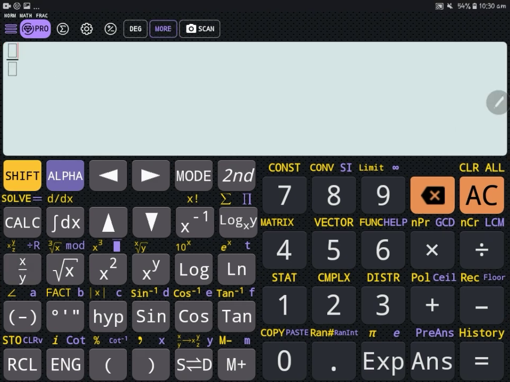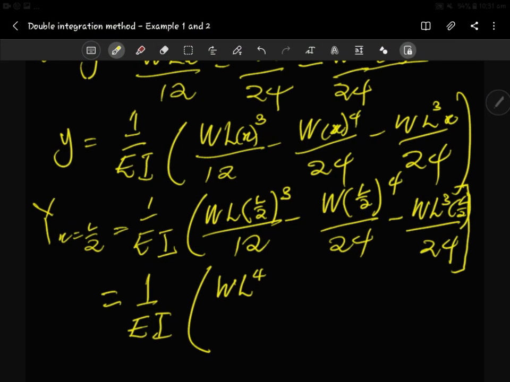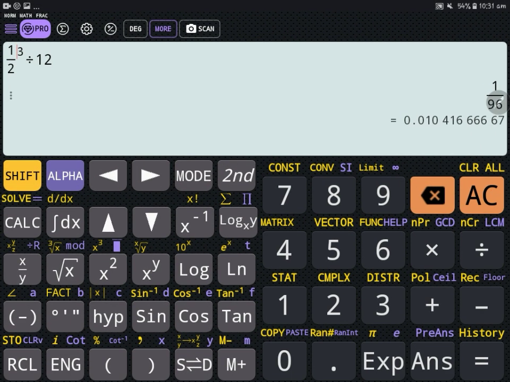That's 1 on 2 to the power 3 divided by 12. That gives 1 on 96, right? So that's 96. And then we have this, which is 1 on 2 to the power 4 times 24. It's 1 on 384.